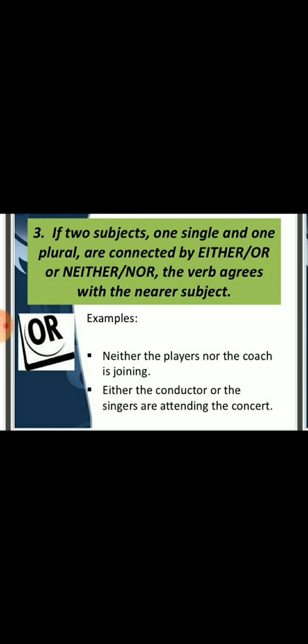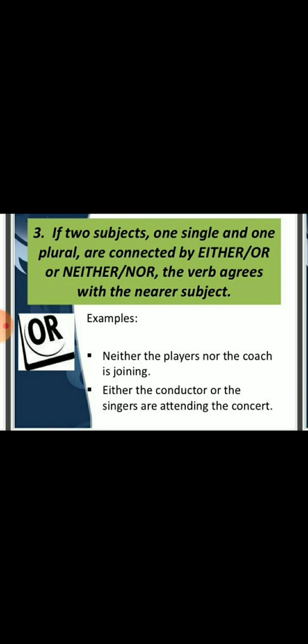See the example. Neither the players nor the coach is joining. "Players" is used first, and "coach" is the nearer subject.